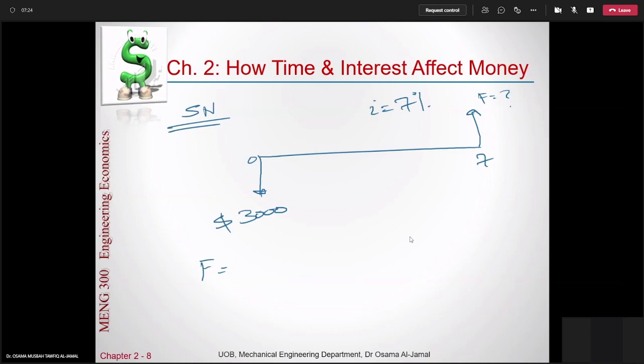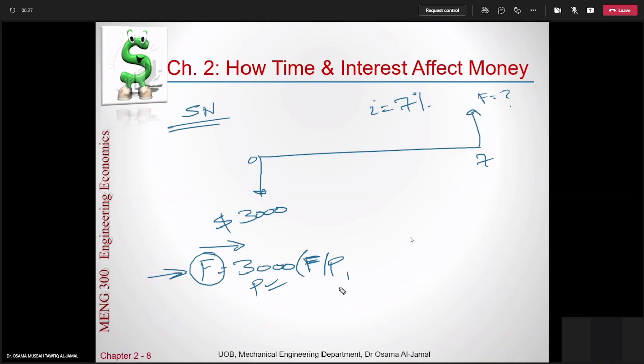Give me the full standard notation. Then we open a bracket and it will be P given F. Wait, Ali, I'm writing with you step by step. The F equals what? Substitute directly. P. Substitute directly, don't give me the letters. Okay, 3000. We open the bracket. P given F. What did we say? We follow this direction. What is the first thing you have here? F. So what do you want to find? You want to find F. So the factor here will be what? F. Yes, right Adel, given P. And P is given to us.